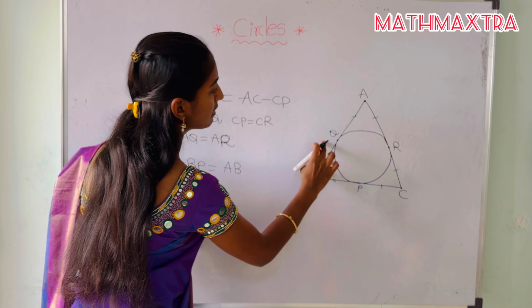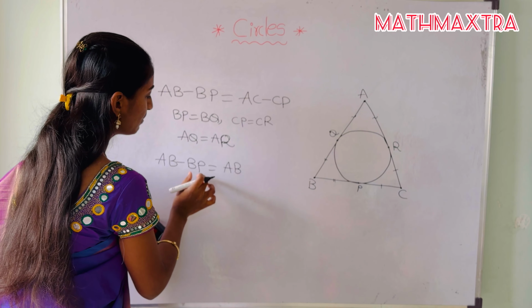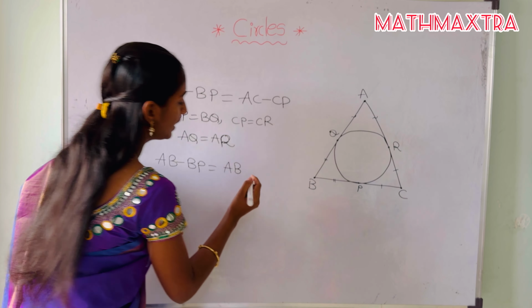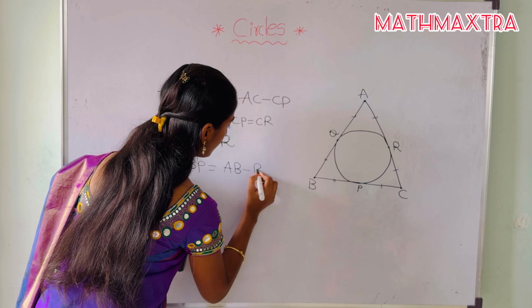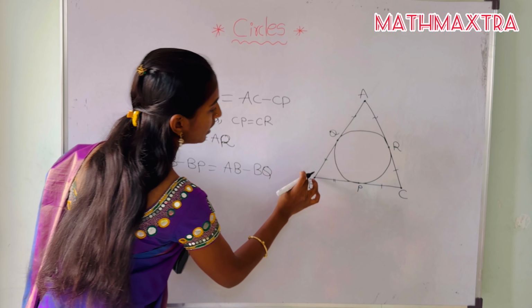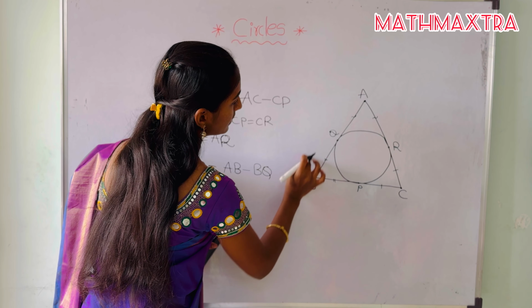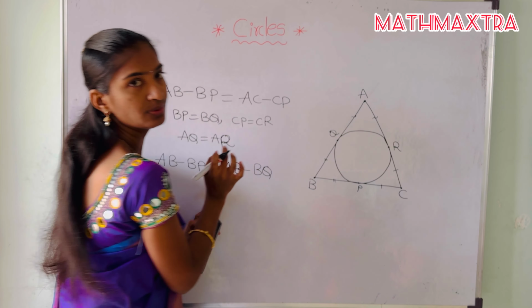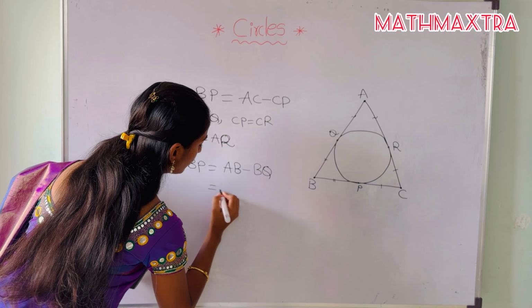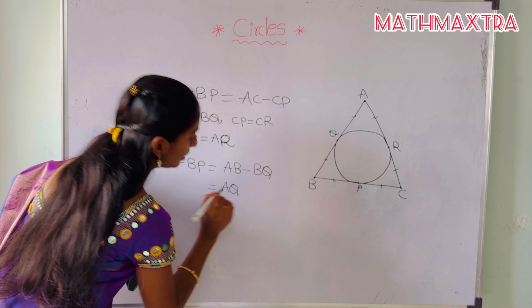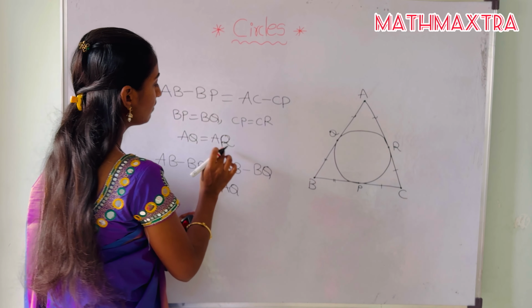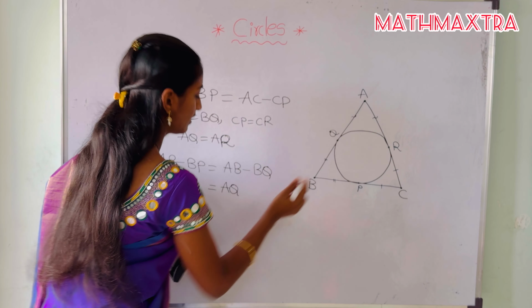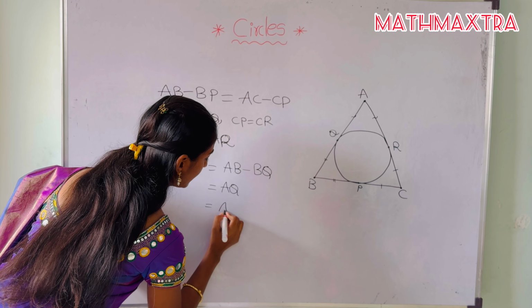This BP is equal to BQ, so now I am replacing this BP with BQ. Now AB minus BQ, you observe this is AB, this is BQ, so AB minus BQ is nothing but AQ. So now I can write this is equal to AQ. But we know very well AQ is equal to AR.